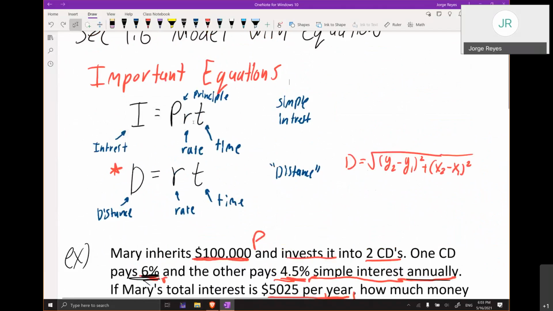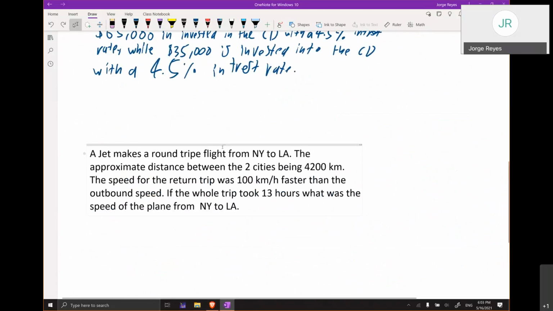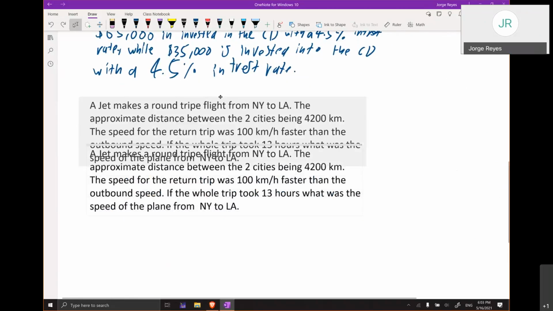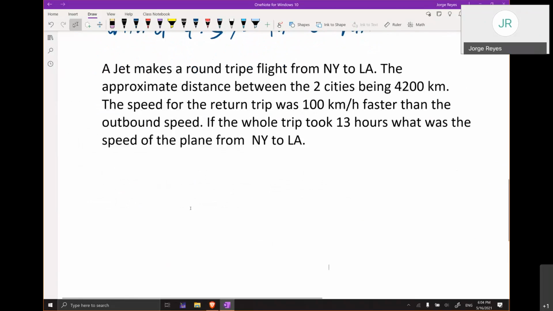Now, the other kind of problem that you should know, okay, especially for the test, is a distance problem. Okay, so let me move this a little up, okay? And so here's a distance problem. A jet makes a round trip flight from New York to LA, and the approximate distance between the two cities is 4,200 kilometers. I'm pretty sure that's off.